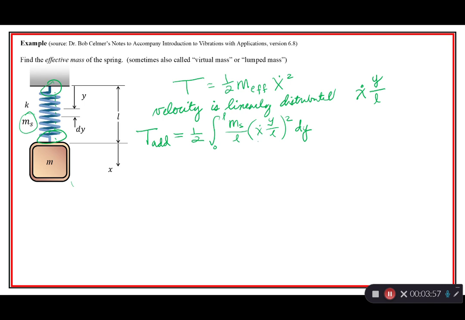So we can agree that this is a collection of all of the individual incremental kinetic energies. Notice that these are all constants; y is the only variable.